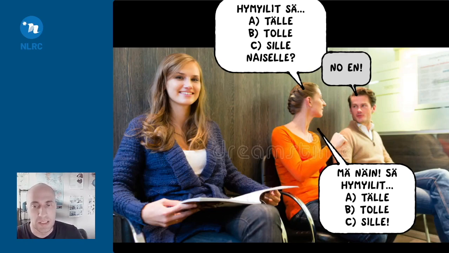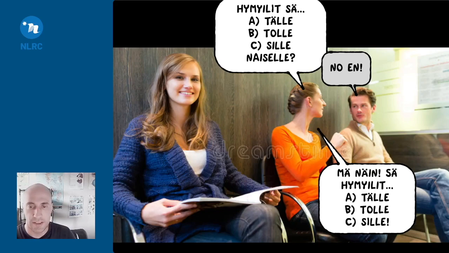I would say B and C. So here, hymyilit sä tolle naiselle? If the other lady has not been discussed at all and it's not a shared topic between the two speakers, it makes sense to refer to her as tolle since she's brought up for the first time.